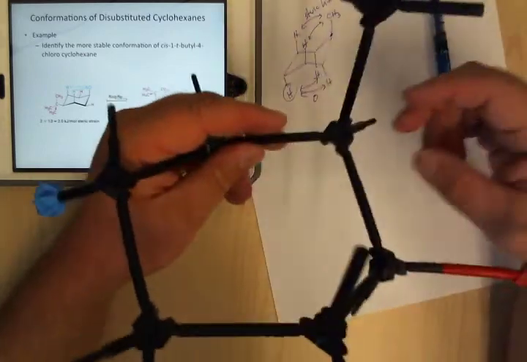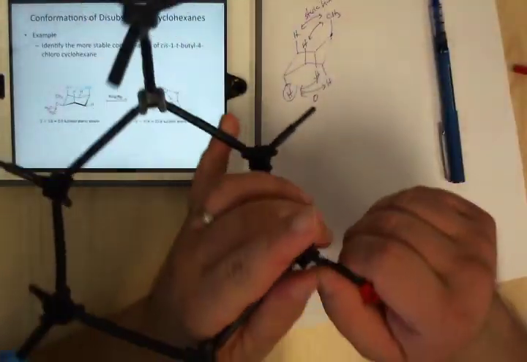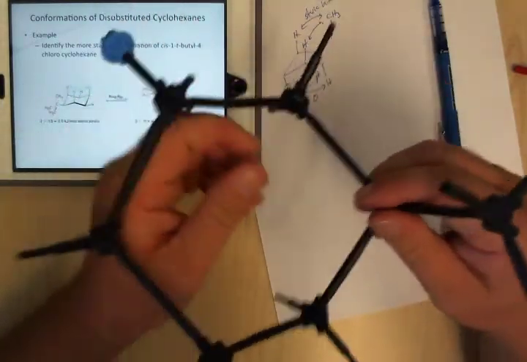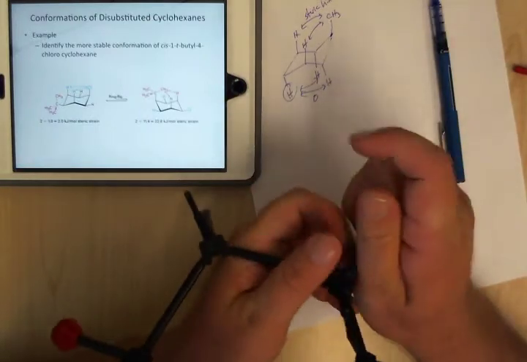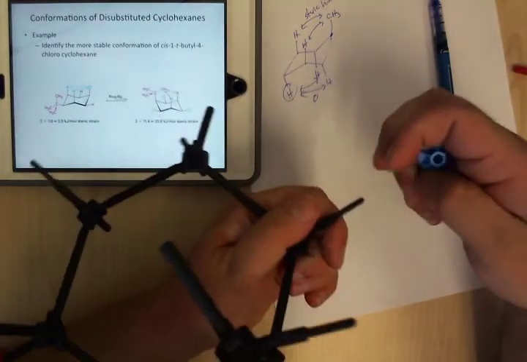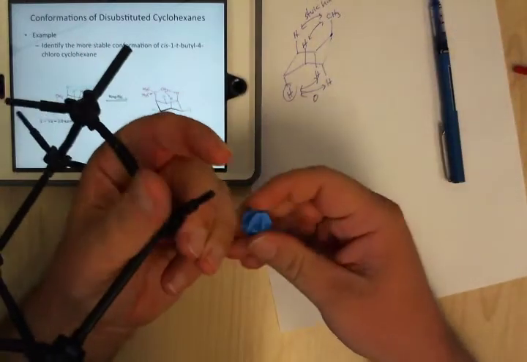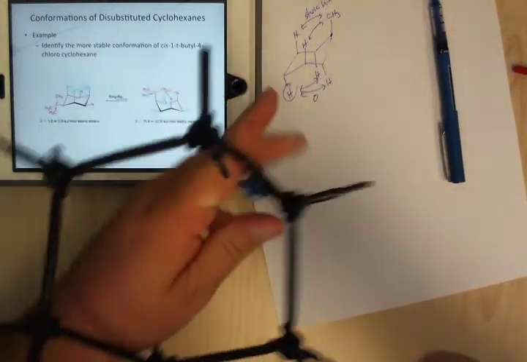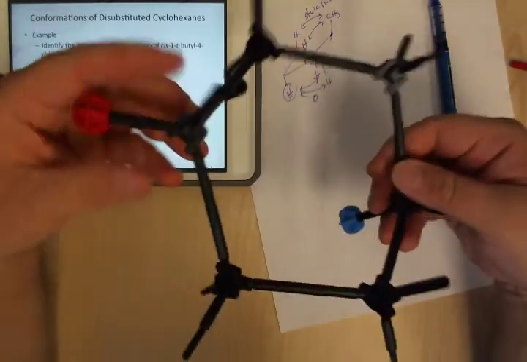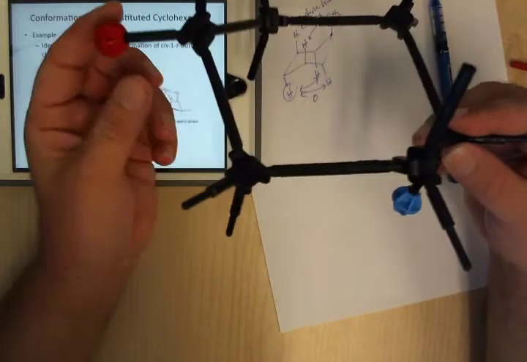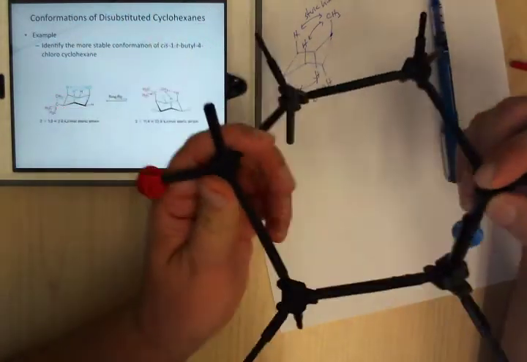So what if we have two? Now let's say we have something really big. Okay, so now we've got cis, because it's up, up. Let's make sure I get this right.